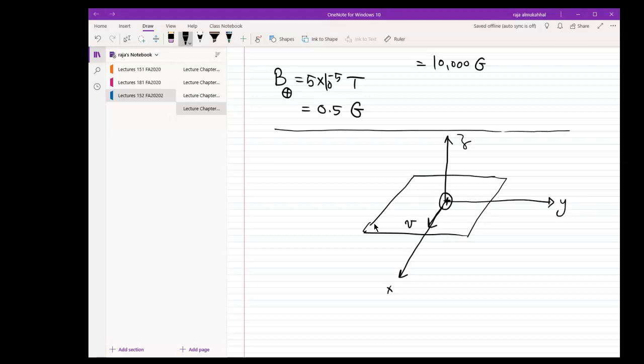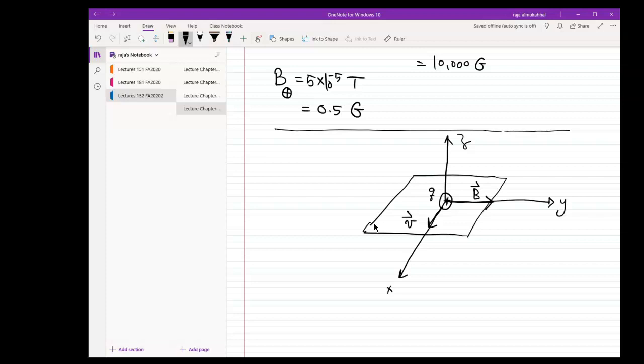That's a positive charge Q. And let's assume there is a magnetic field on the plane, and this magnetic field is along the y-axis like that. This is the magnetic field B. Got it? So what will happen if the charge is moving in the middle of a magnetic field?